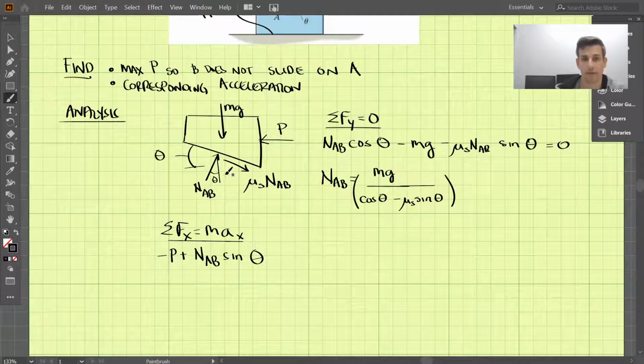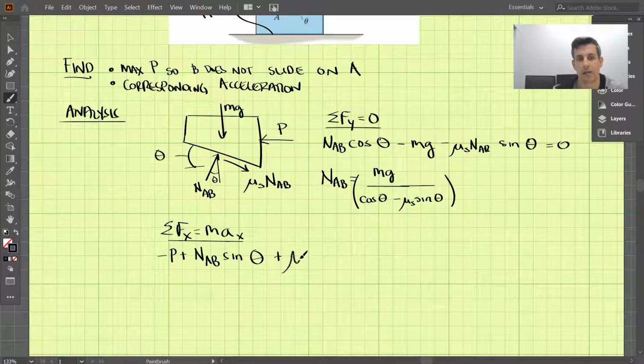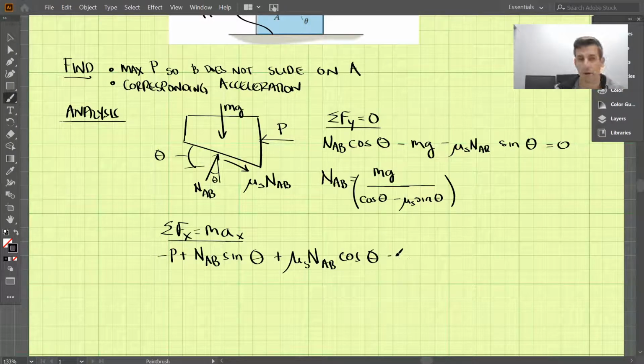And then we have the frictional force also acting, and the component of the frictional force should be acting in the positive direction as well. NAB, and that should be cosine of theta. And then all of that is equal to mass times the acceleration in the x direction.